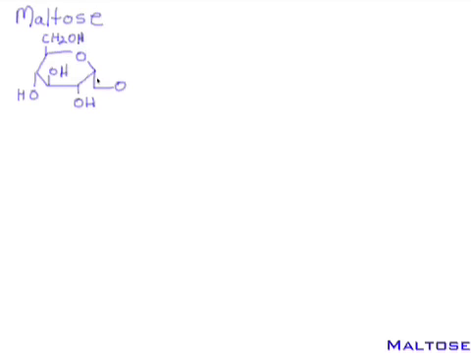And you'll notice I've made the linkage off the anomeric carbon alpha. And I hook it to the second D-glucopyranose. And I'll make it, the OH still down, so I'll make it alpha. And this is how we can represent the Haworth.